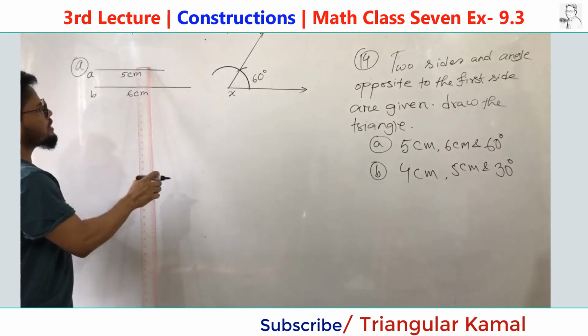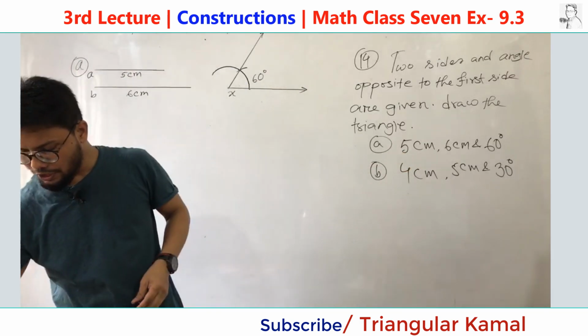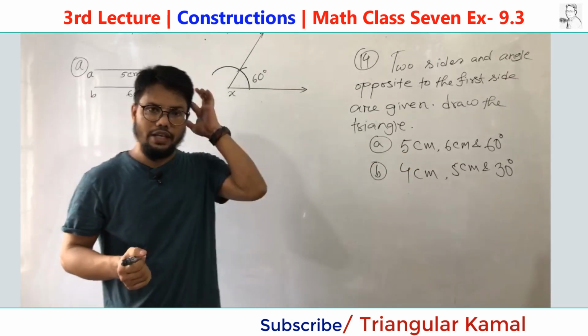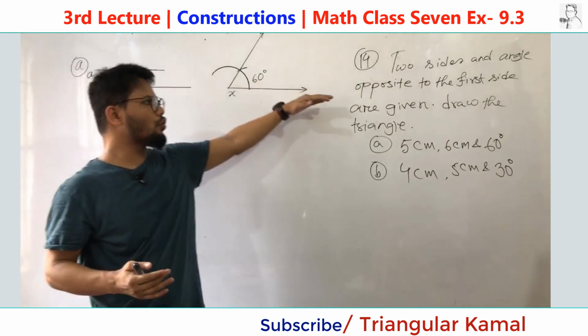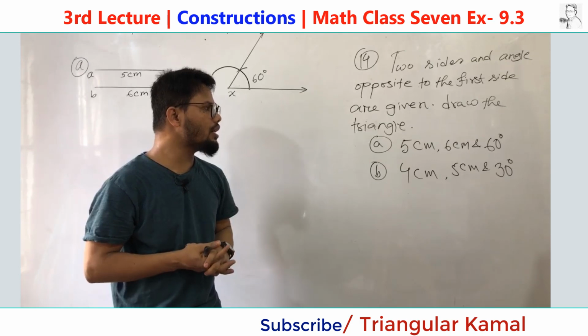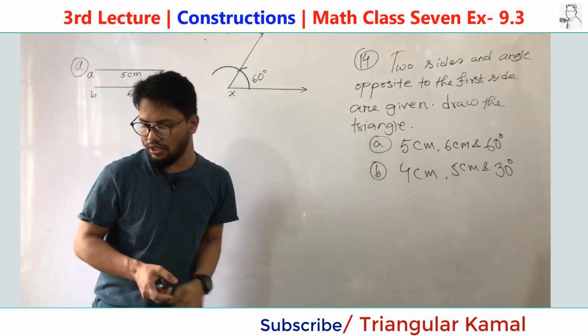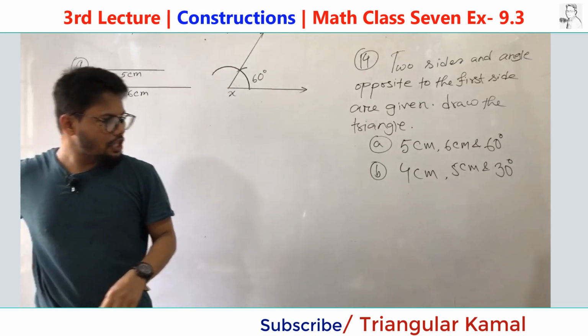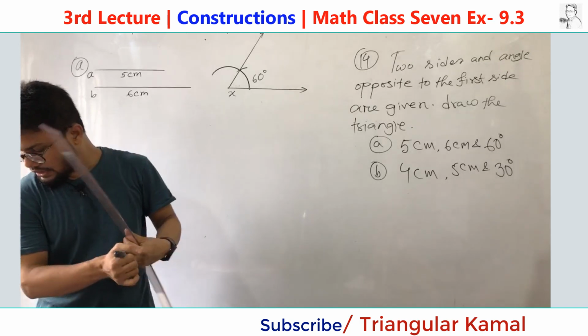These three pieces of information are given. By using this information we have to draw the figure. So dear students, I think you have already done this step. Now we are going to start drawing the triangle by using the first information. First of all, come back to the points. First of all, take a line segment.